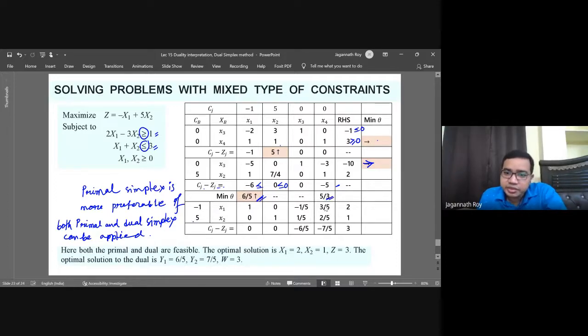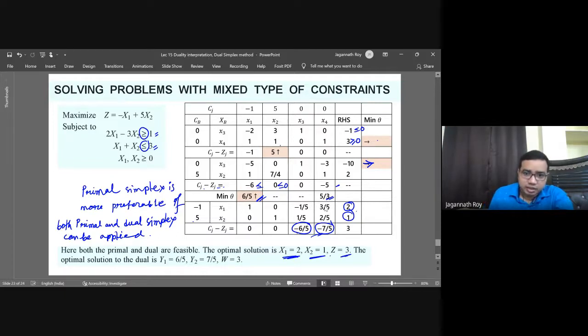In the third iteration, we can see that we have reached the optimal solution. So this is the primal solution and these are dual solutions. You can see that x1 and x2 are 2 and 1, and the optimal value is 3.